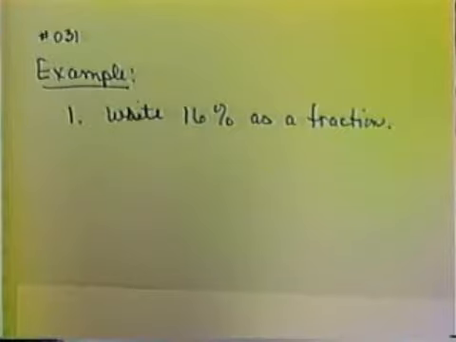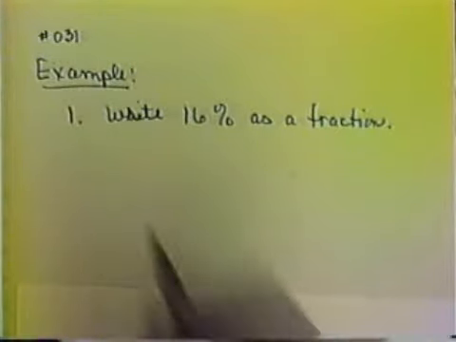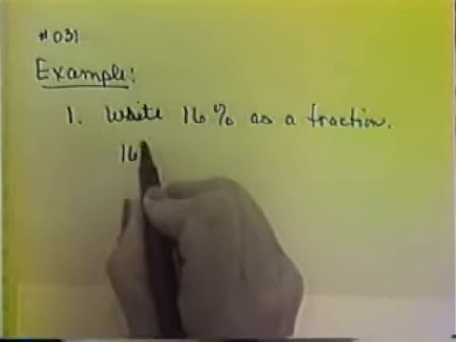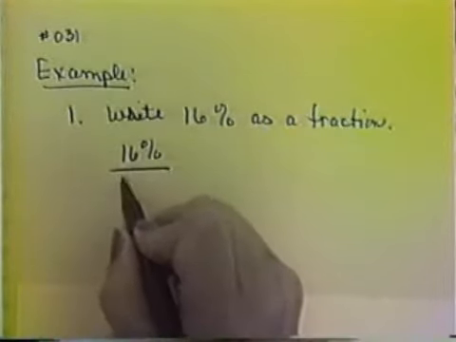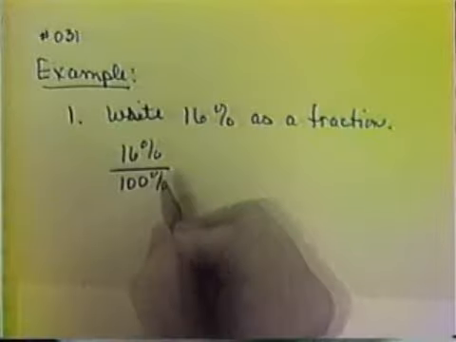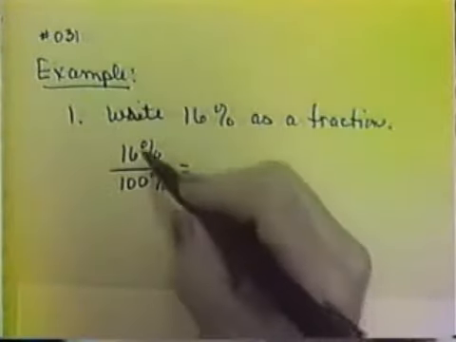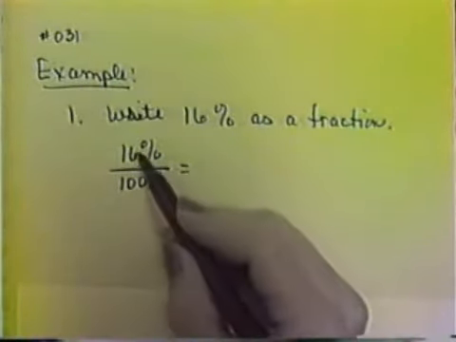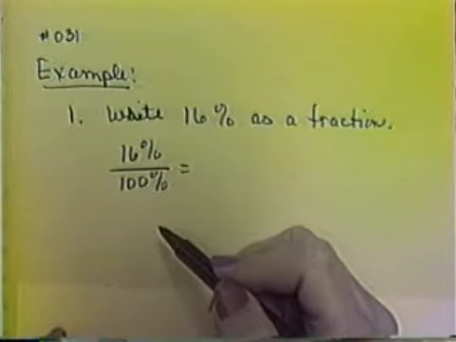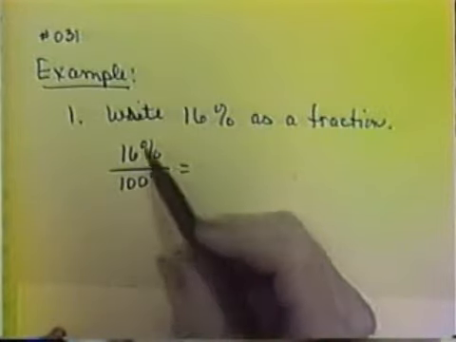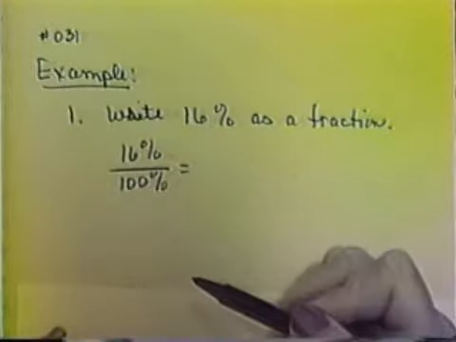Okay, our first example, we want to write 16% as a fraction. So we're going to take 16% and divide by 100%. The percents are going to cancel, and then we need to reduce 16 over 100 to lowest terms. Now, what number divides both 16 and 100?